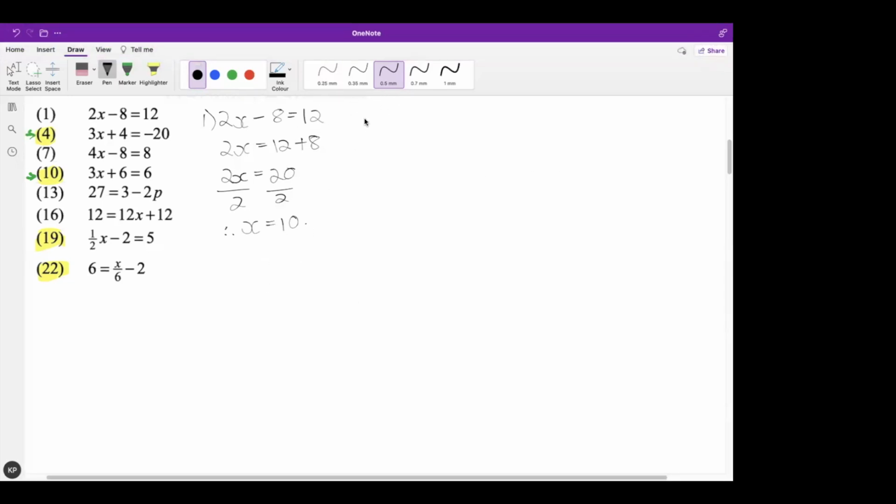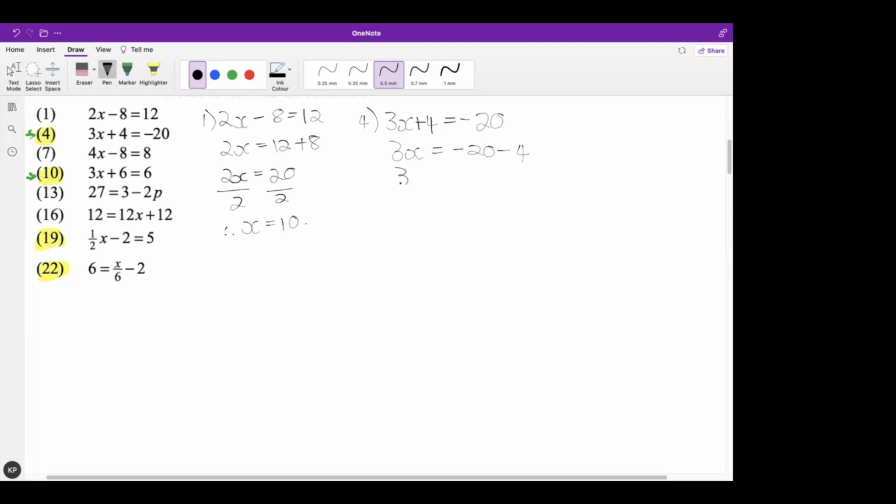I'm going to start off with number 4. We have 3x plus 4 is equal to negative 20. We're going to start by taking the positive 4 over, and it will become a negative 4. So I'm going to have 3x is equal to negative 20 minus 4.